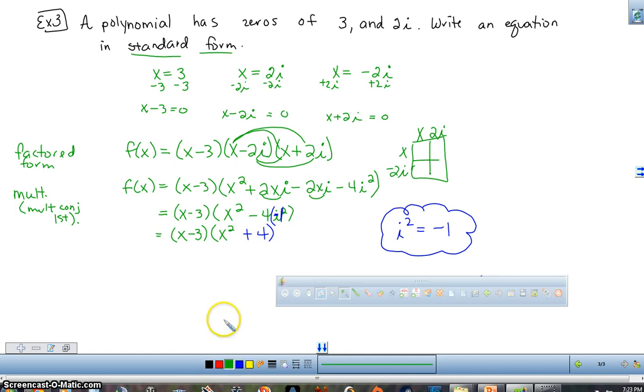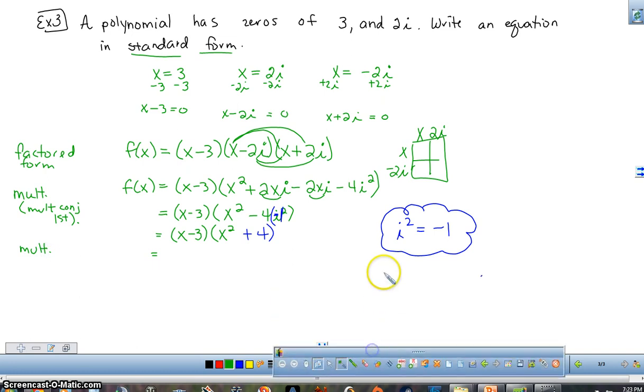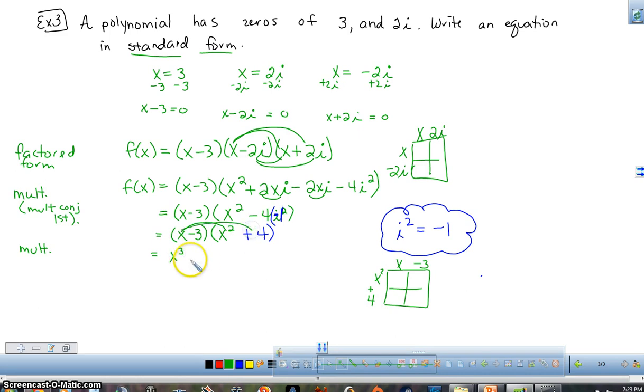Now I'm going to multiply by FOILing again. Again, you can do the box if you so desire. So x times x squared, x cubed, x times 4, 4x, minus 3x squared, minus 12.